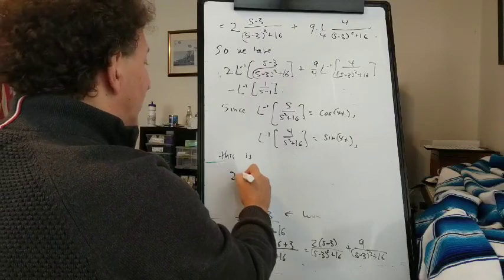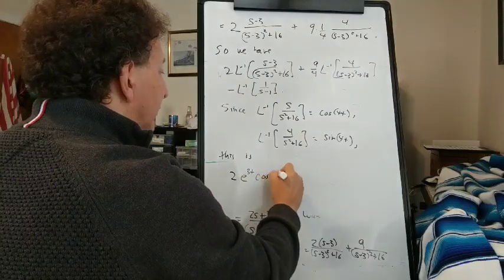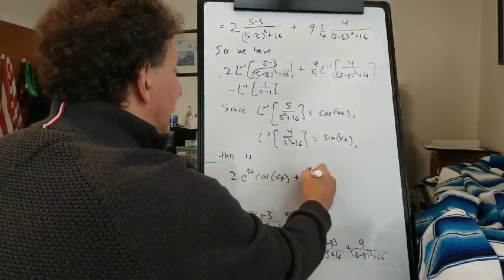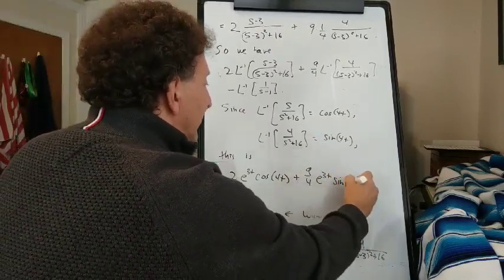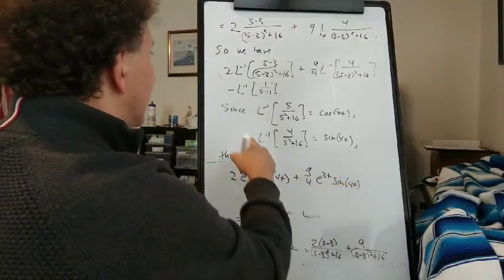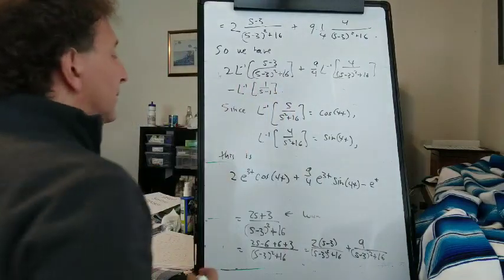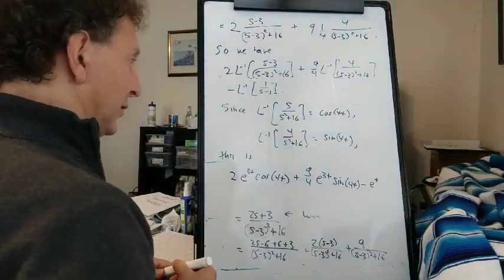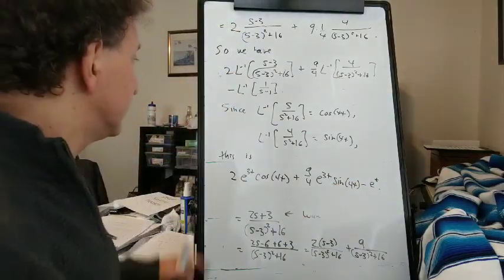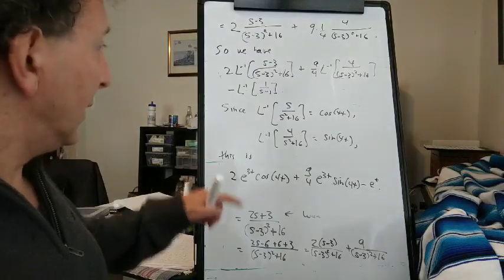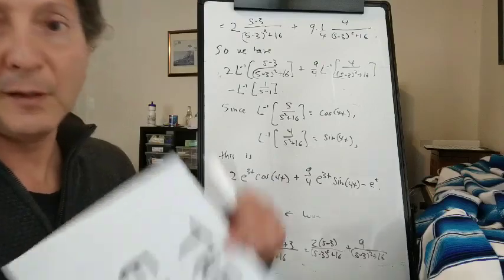So we have 2 e to the 3t cosine of 4t, plus 9/4 e to the 3t sine of 4t, minus e to the t, which is the inverse Laplace transform of 1 over s minus 1. And that matches my notes. And that's it. The end.